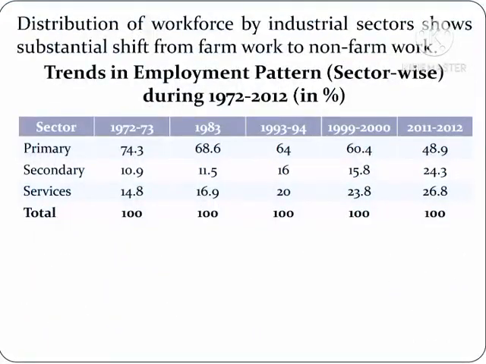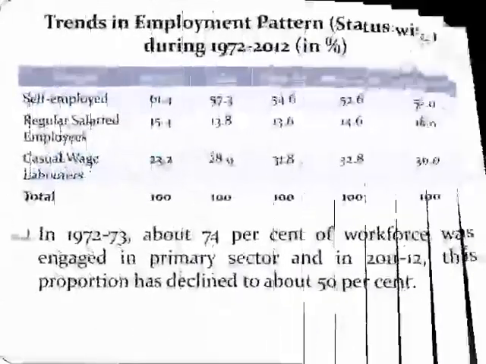The distribution of workforce by industrial sectors shows a substantial shift from farm work to non-farm work, and this is shown in the table, that is trends in employment pattern, sector wise, primary, secondary and the service sector during 1972 to 2012. And we can see clearly the substantial variation from the farm work to non-farm work.